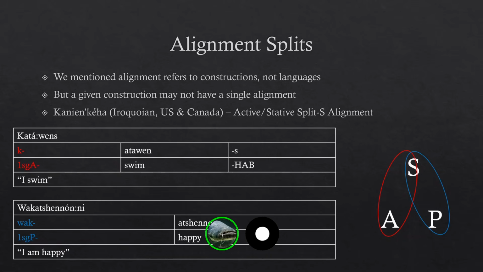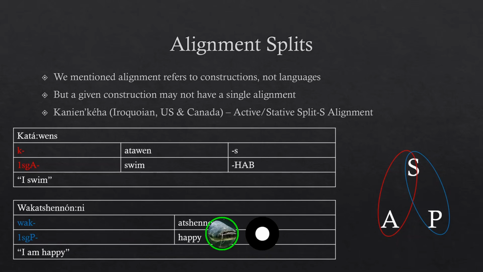Split S, if you think of S as the intransitive subject, you can imagine we're splitting our S into two categories. I've represented that in this diagram here. That basically means that when you have an intransitive subject, there's two different ways that you can mark your subject. Active stative refers to the manner in which this distinction is made.